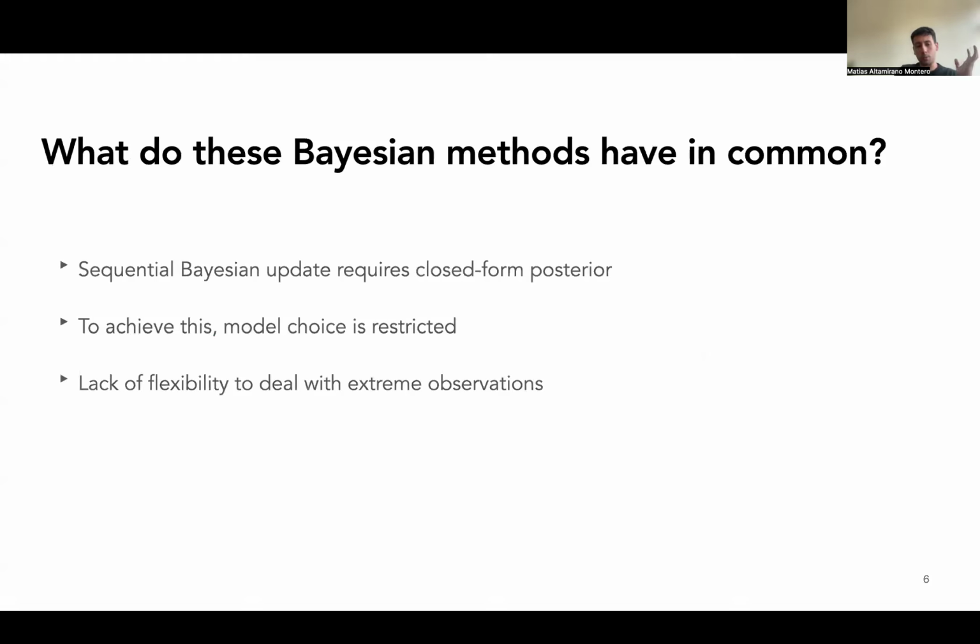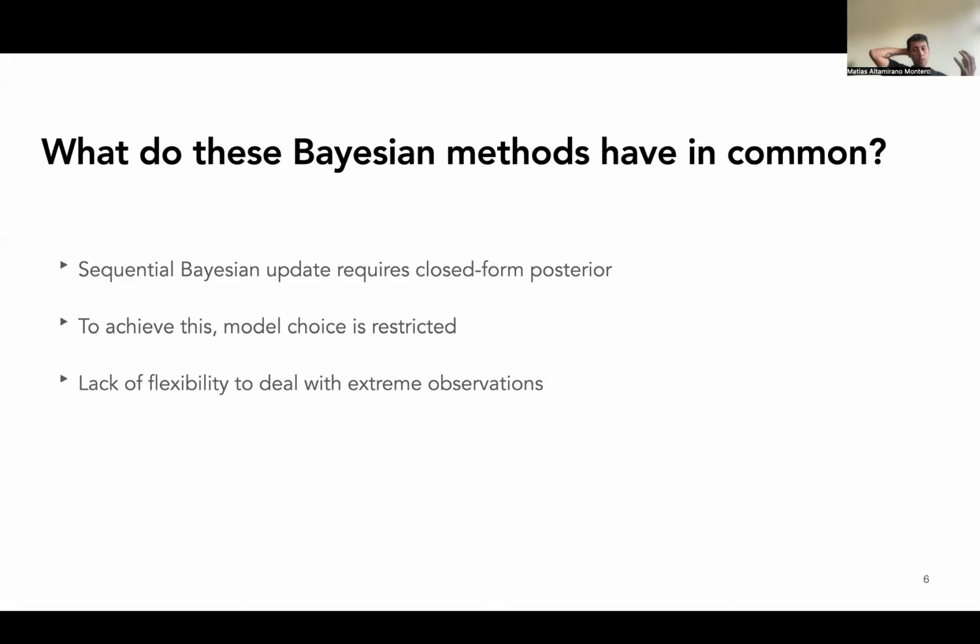They all work really well, and they are super popular. What these methods have in common is that they are sequential Bayesian updates which require closed form, so people really like the ability to have these posteriors in closed form. In order to achieve this, the model choice is quite restricted.